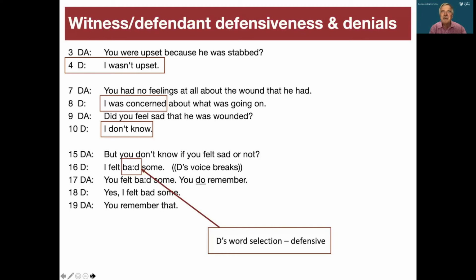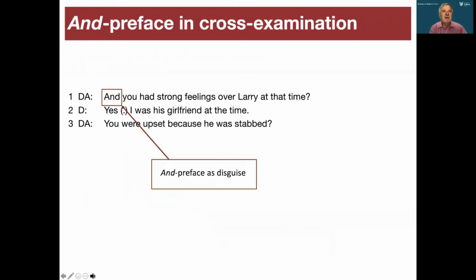So one looks carefully at how defendants respond to questioning in cross-examination. Now I've got a free gift for you. Here, I mentioned that and-prefaces are used in direct examination and very rarely in cross-examination. Here's one, a very rare example. And notice that the district attorney is up to something.